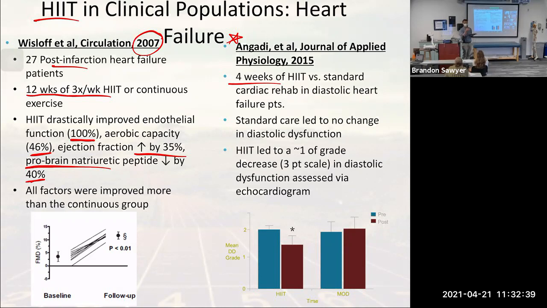Some of them went from having grade 1 heart failure to not having heart failure, just with 12 exercise sessions. So pretty drastic effects of that high intensity interval work on people that have heart failure.